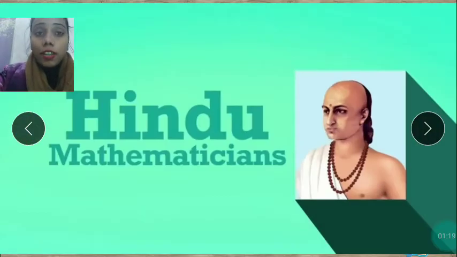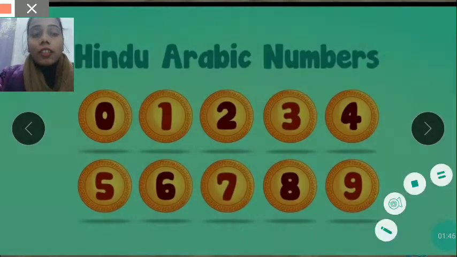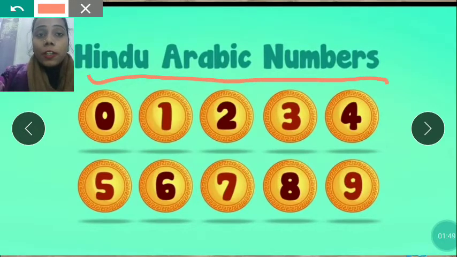These numbers were invented by Hindu mathematicians, and then adapted by the Arab countries and other countries. That is why they are called the Hindu-Arabic numbers.